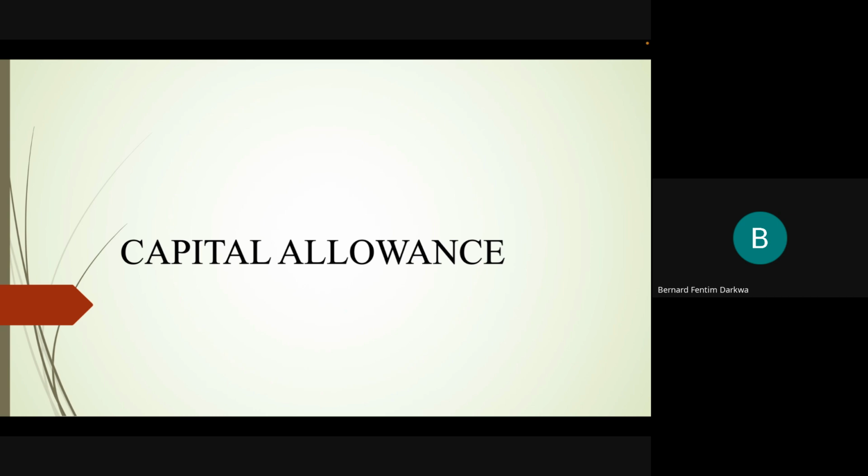So that's how come we are looking at capital allowance. Capital allowance is just depreciation for the taxman. So for tax purposes, depreciation will always be added back to the net profit reported. Then in place of depreciation, a capital allowance will be granted.